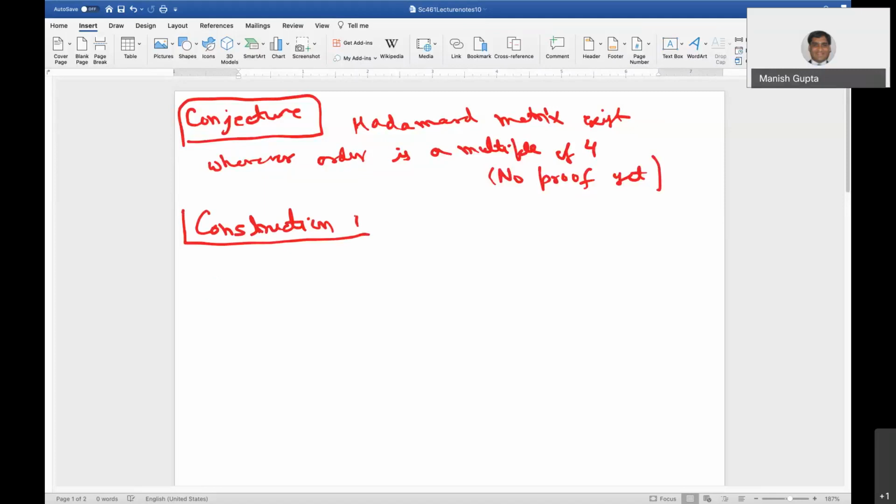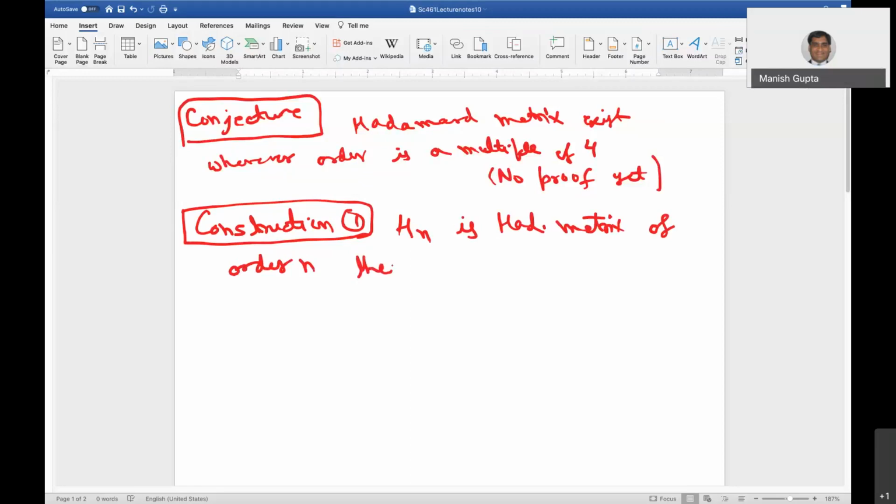Construction 1 says that if Hn is a Hadamard matrix of order n, then H2n is also a Hadamard matrix of order 2n, which is Hn tensor product H2.